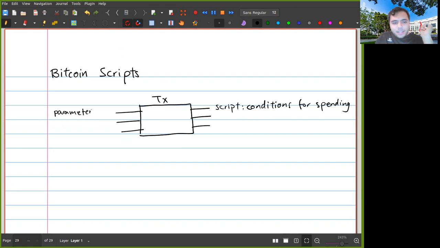And the idea is that you have to prove that you satisfy the requirements for spending this. So let's say parameters that show you satisfy the requirements.